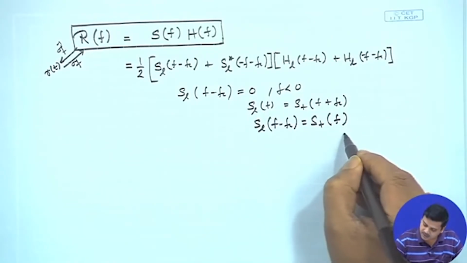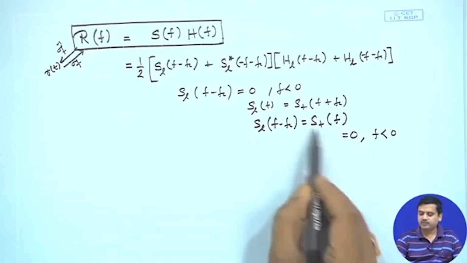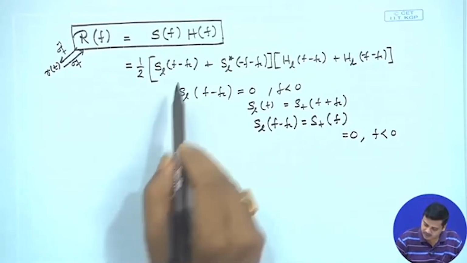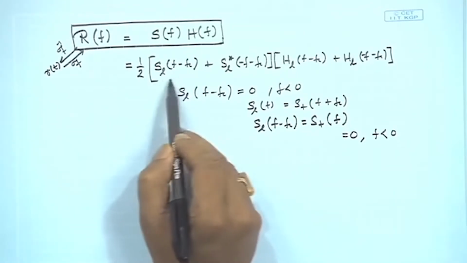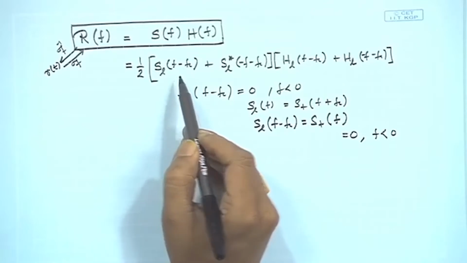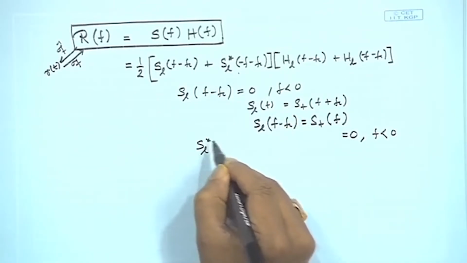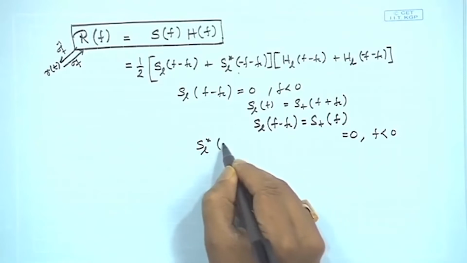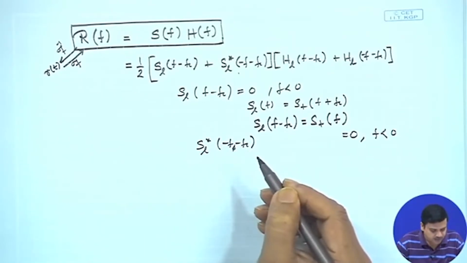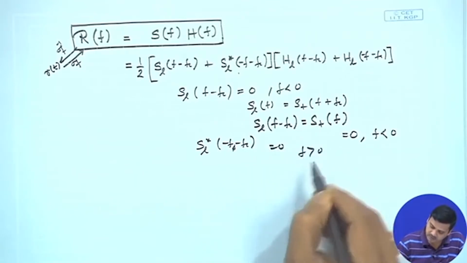So this is equal to 0 for f less than 0, because we have taken only the positive set of frequencies over here. That means this value is very small, negligible, or 0 for f less than 0. Similarly, S_L(minus f minus f_c) is also 0 for f greater than 0, that means very, very small.